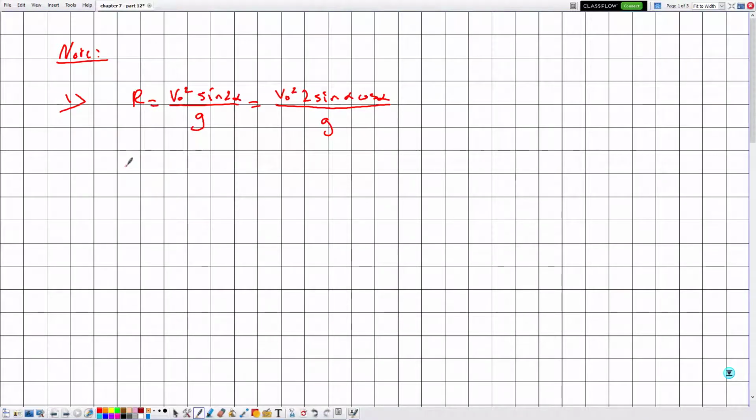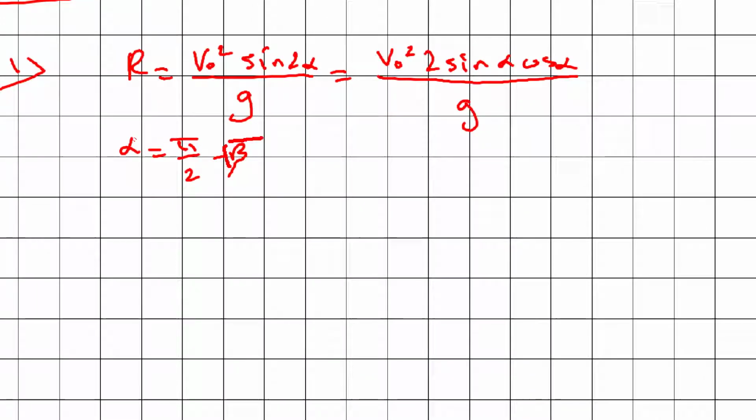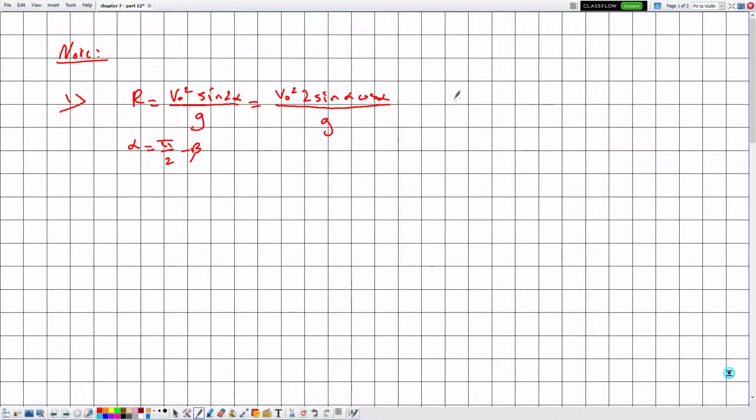Now suppose that we define the following angle, alpha is equal to pi by 2 minus beta. So we define the angle beta such that alpha is equal to pi by 2 minus beta.